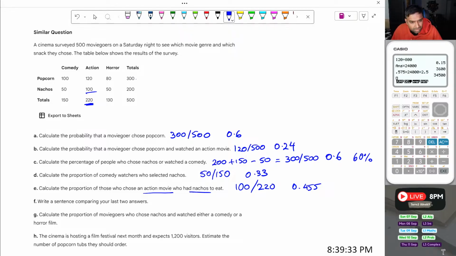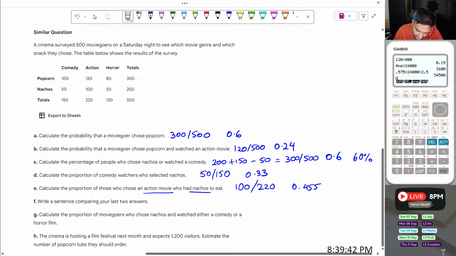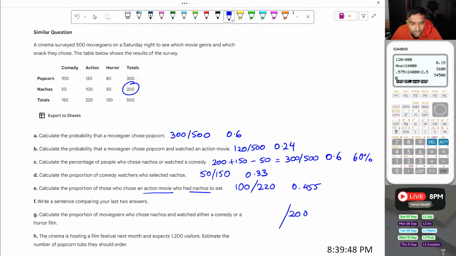Question G. Calculate the proportion of moviegoers who choose nachos. So they're choosing nachos, that's out of 200, and watched either a comedy or a horror film. That's 50 over 50. Let me just double check this. Proportion of moviegoers who chooses nachos.